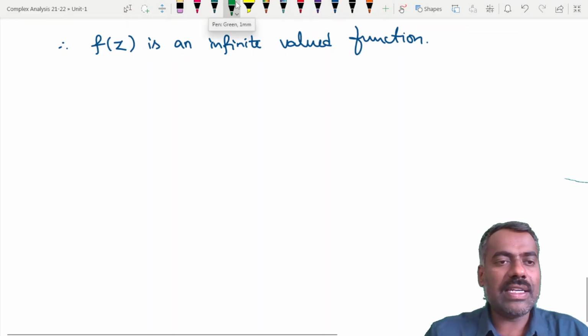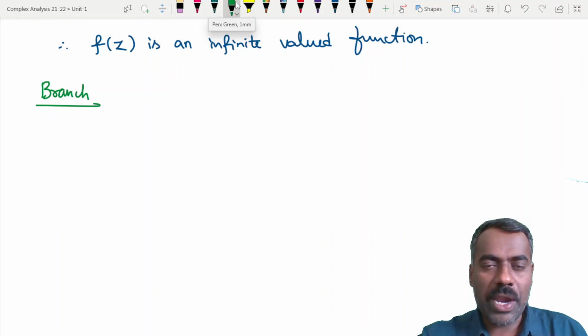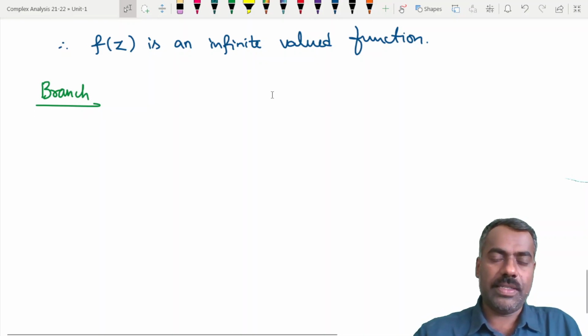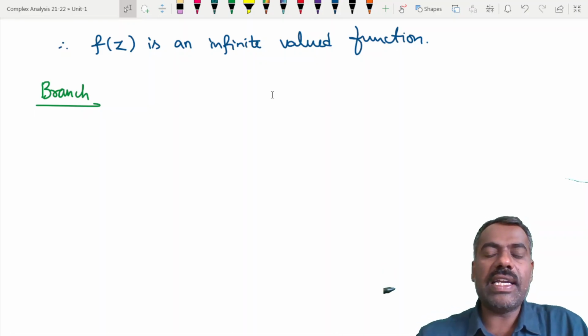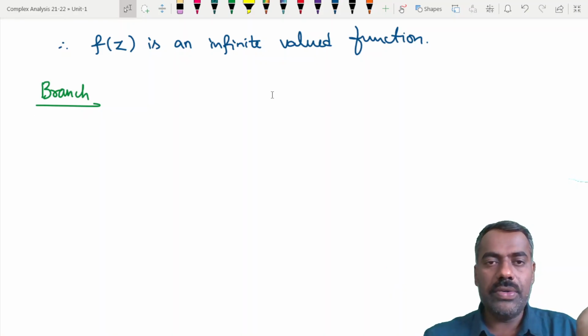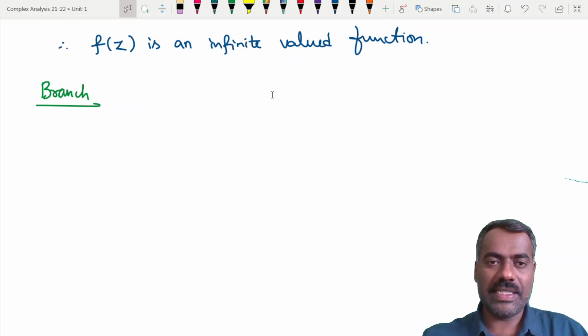I'll write here: we will have a branch, then a branch point, and a branch cut. It is just like, because the name suggests, you take a tree, where the function takes branches. From that, it will go to different places. Is that clear?